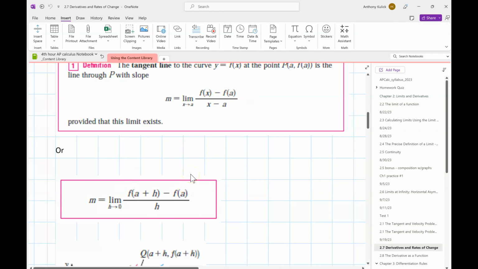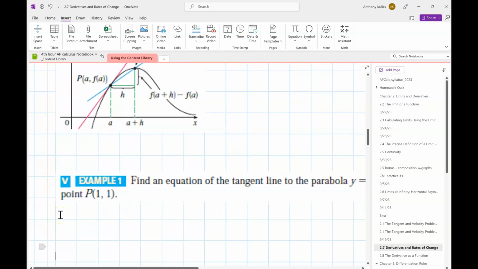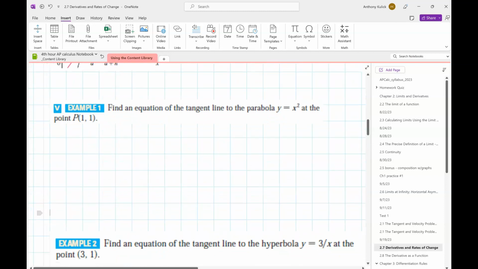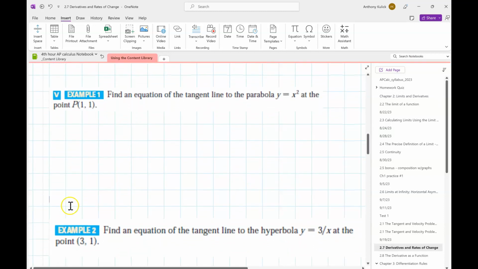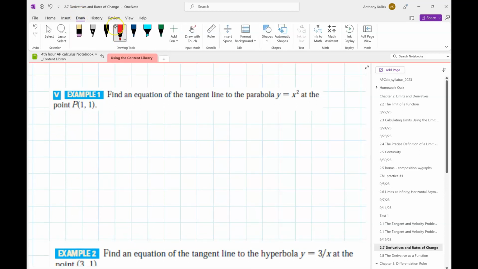Everybody still is doing okay? All right, let's look at an example. Find an equation of the tangent line to the parabola y equals x squared at the point P, 1, 1.